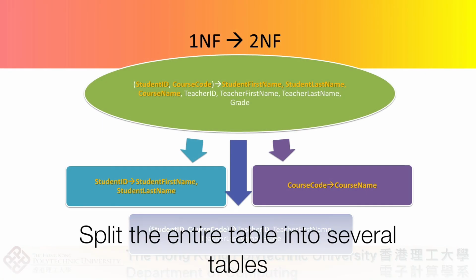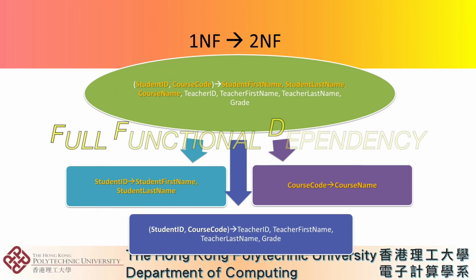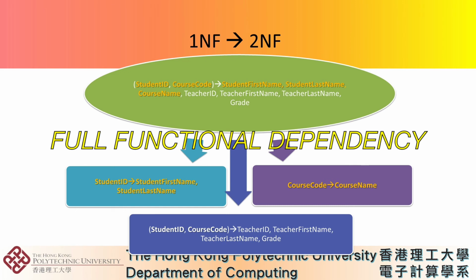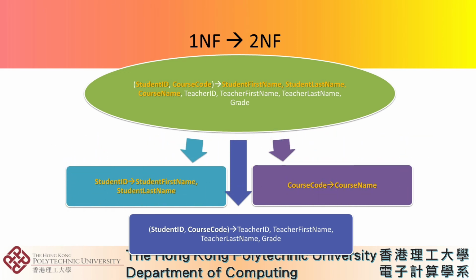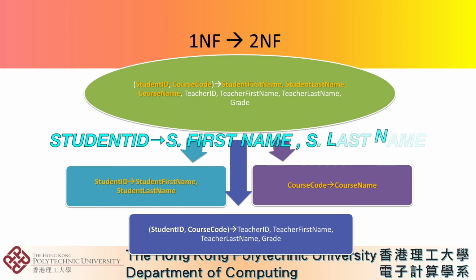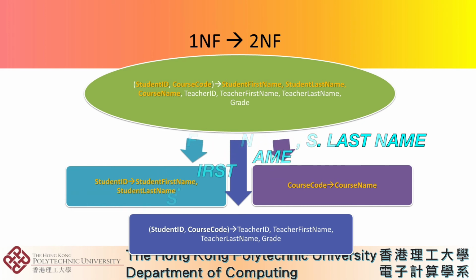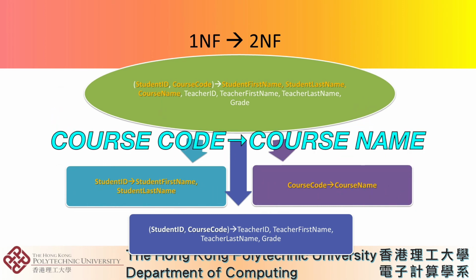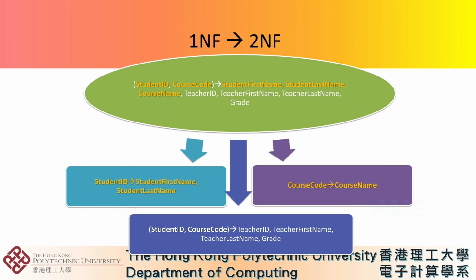You can split the table into several tables according to the full functional dependencies. In the table students, there are 3 full functional dependencies. Student ID fully functionally determines student first name and student last name. Course code fully functionally determines course name.